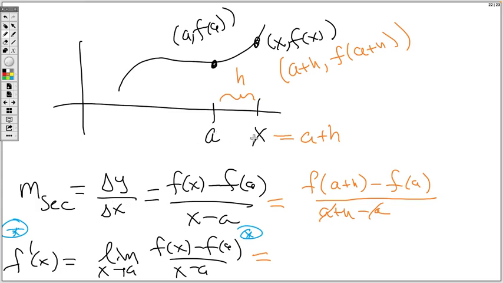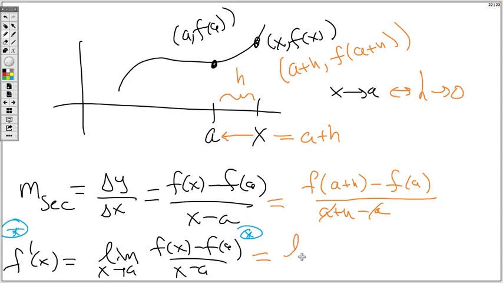Now, as x gets closer and closer to a, what does that mean in the land of h's? If x and a get closer together, h is going to get what? Smaller and smaller. It's going to go to what? 0.